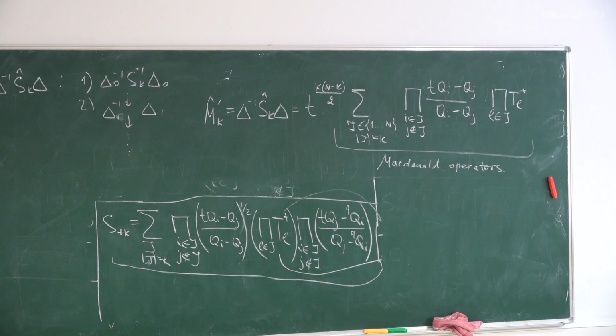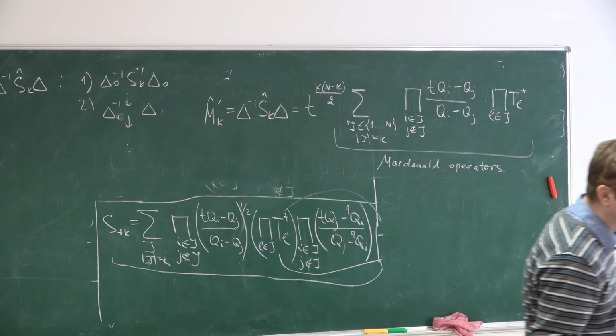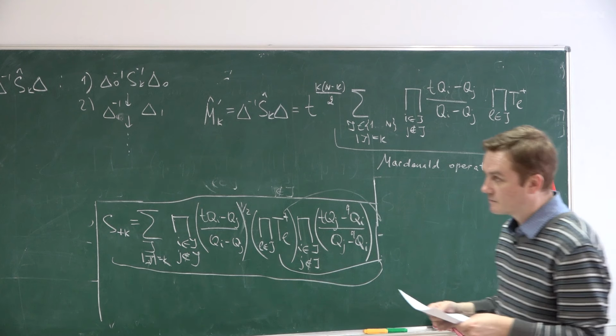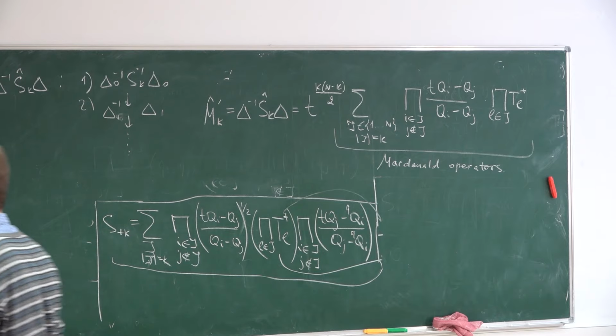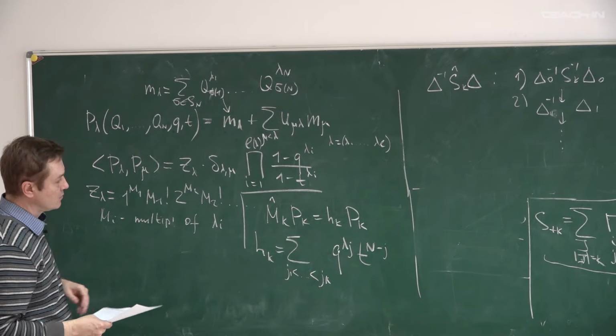And McDonald polynomials defined here are eigenfunctions of these McDonald operators with these eigenvalues. In which space is this operator? From which space to which space is this operator acting? This operator acts on the space of symmetric polynomials. Okay, so they're just symmetric. There is no additional condition, like invariance or something like that? No. Of course, you may.